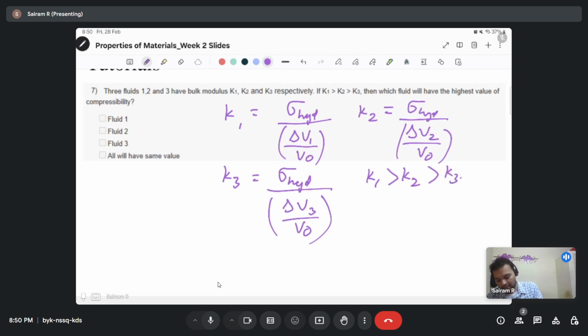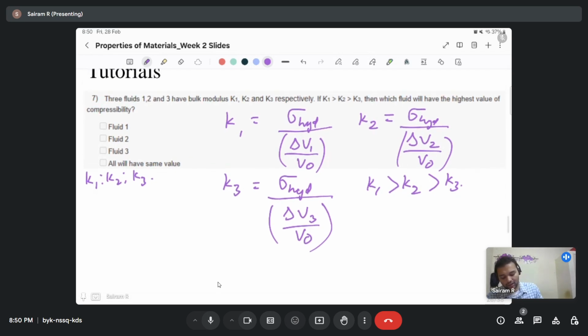When we have a ratio of K1 is to K2 is to K3, it basically becomes a competition, because as we have assumed the hydrostatic stresses to be very similar, it basically becomes a ratio of 1 by del V1 by V naught is to 1 by del V2 by V naught is to 1 by del V3 by V naught.